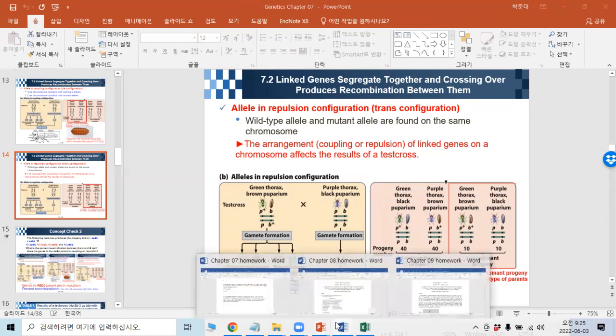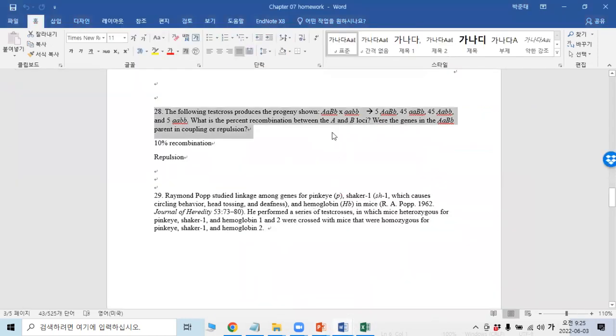Okay, so let me see our homework. This is the progeny of crosses large A, small a, large B, small b. We don't know their configuration, but we did test crosses. So we have the 5 large A, large B, small b. This is exactly the same as parents.